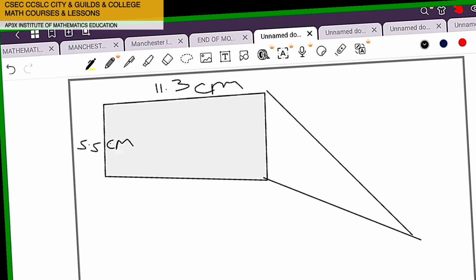I'm gonna put this side over here to be 13 centimeter. I'm gonna put this side to be 7 centimeter. And I'm gonna put this side to be, let's put this to be 7.